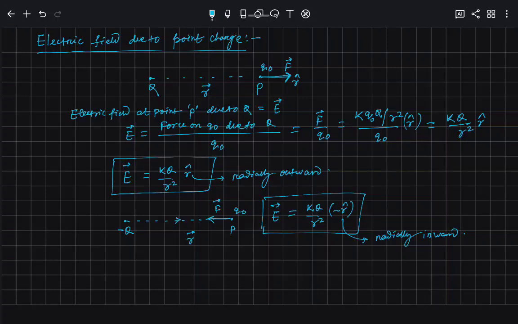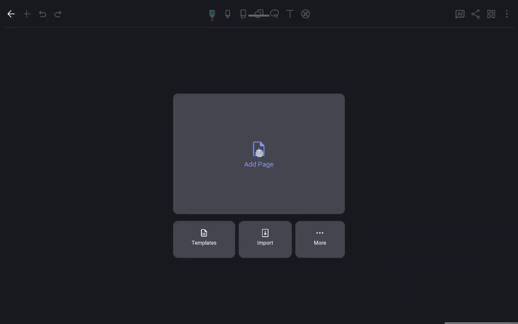So what I want to say is, let's say this is Q charge and I want to find out the electric field at this point P, which is R distance from here. I can say that the electric field at point P due to the capital Q charge is simply KQ by R square. If the charge is positive, this will be R cap direction.